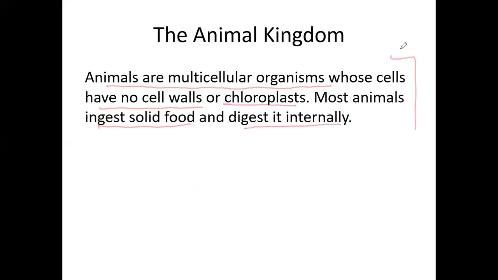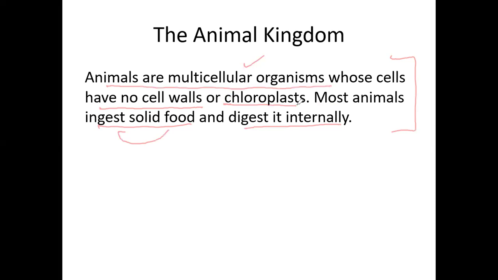So these are the common major characteristics of the animal kingdom. They are multicellular, consisting of many cells, they don't have cell walls, and they don't have chloroplasts. Since they don't have chloroplasts, they are unable to manufacture their food, so they depend on ready-made food. They ingest solid food and then digest it internally by the digestive system in the body.